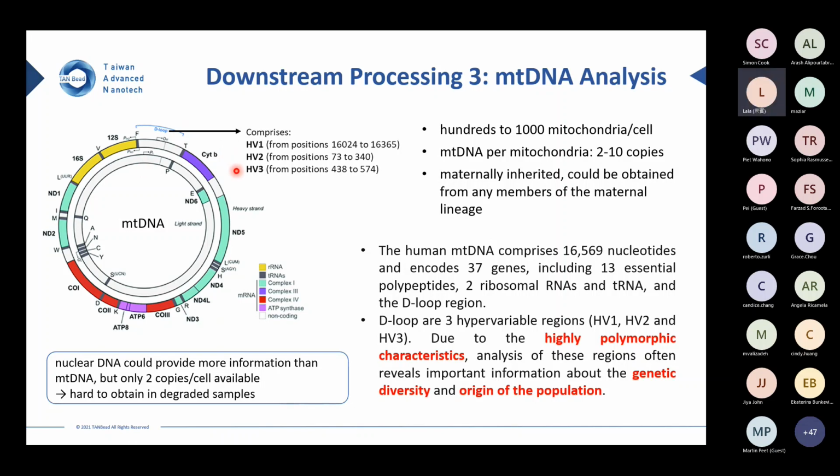As the name suggests, these regions are highly polymorphic, so they can be mutated easily, and they will vary from one individual to another unless they are maternally related. If they are not related, then the chance of 2 individuals having the same HV1, 2, and 3 sequences could be lower than 1%. That's why mitochondrial DNA is also used for genetic diversity and population origin studies.